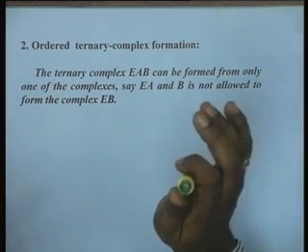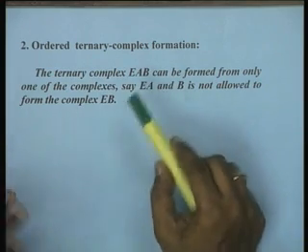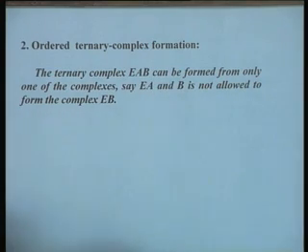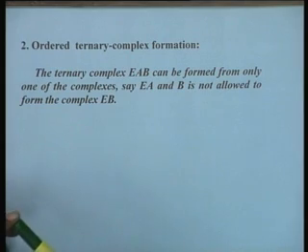The second case, again with respect to ternary complex formation, is ordered ternary complex formation. Here the ternary complex EAB can be formed from only one of the binary complexes, EA. I have taken it hypothetically as EA, it could be EB also, and only one of the binary complexes has to trigger the enzyme-substrate interaction, and then the other substrate will interact with the EA complex.